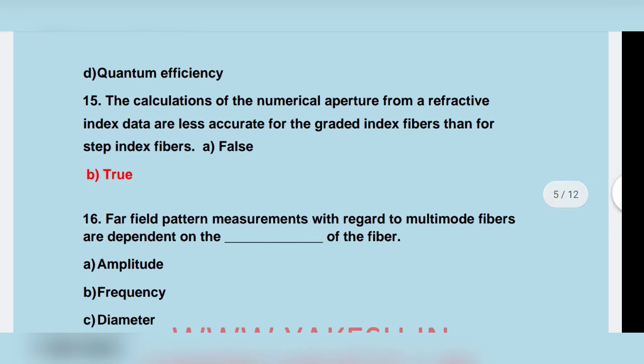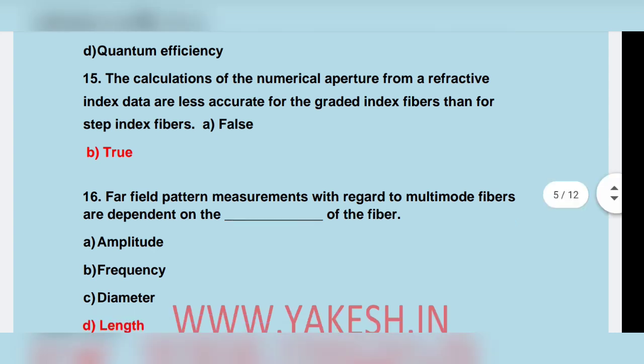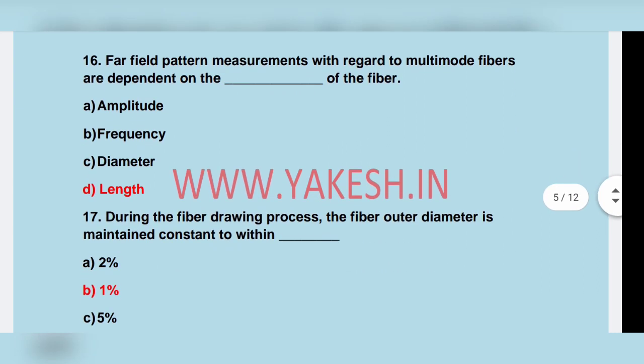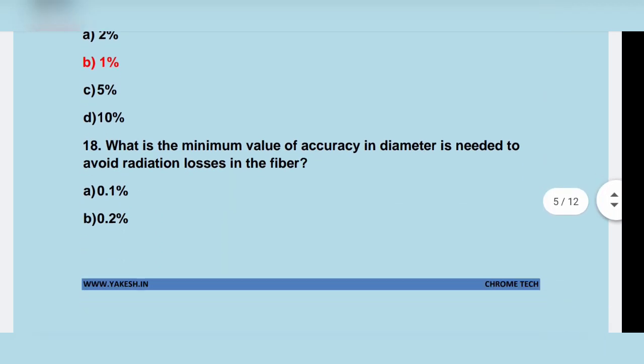The calculation of the numerical aperture from refractive index data is less accurate for the graded index fiber than step index fiber. Option B. True. Far field pattern measurement with regards to multimode fiber is dependent on the length of the fiber. During the fiber drawing process, the fiber outer diameter is maintained constant to 1%.